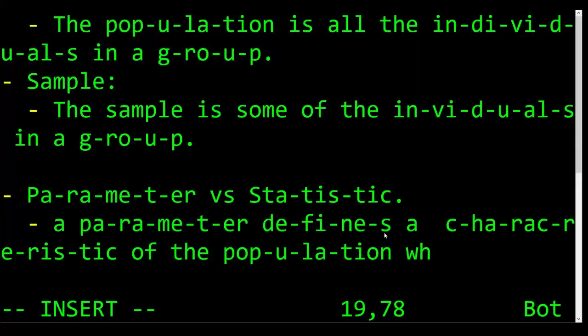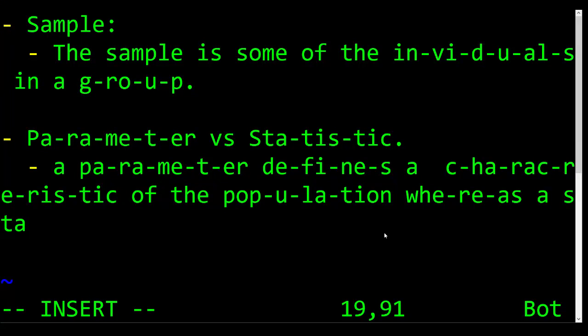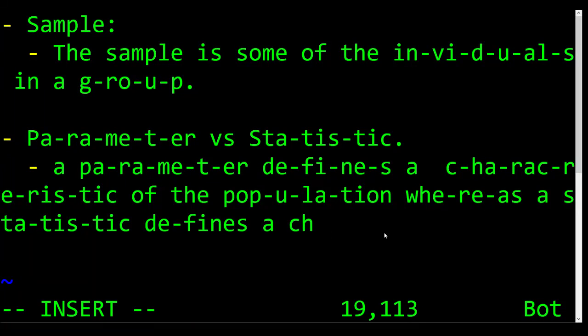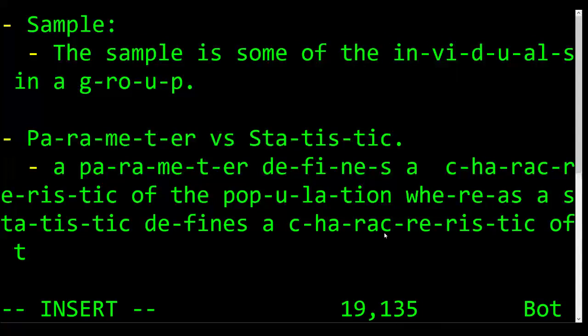Whereas a statistic defines a characteristic of the sample.